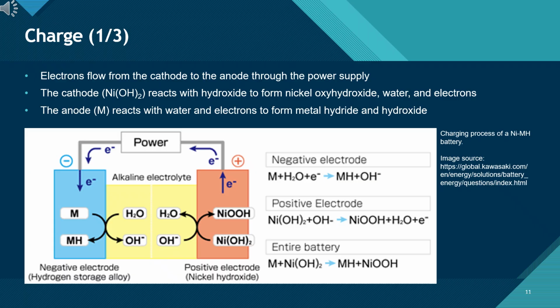At the negative electrode, anode, the metal alloy, M, reacts with water and incoming electrons to form metal hydride, MH, and hydroxide ions. This process stores electrical energy as chemical energy in the form of hydrogen within the metal hydride. We'll see the detailed electrochemical reactions and flow in the diagram shown here.